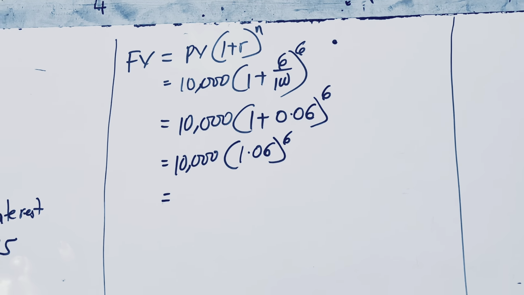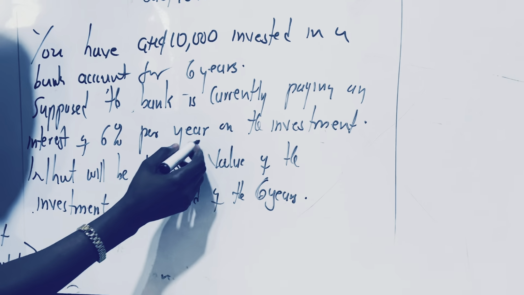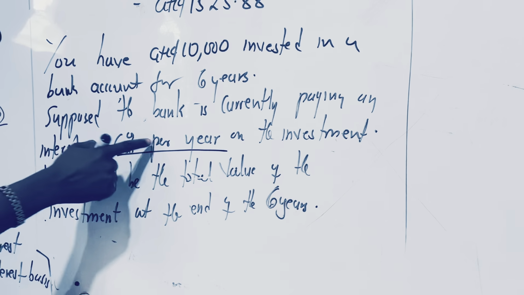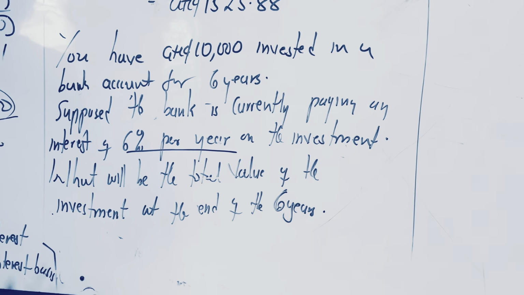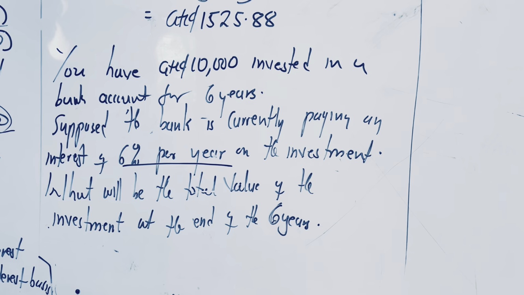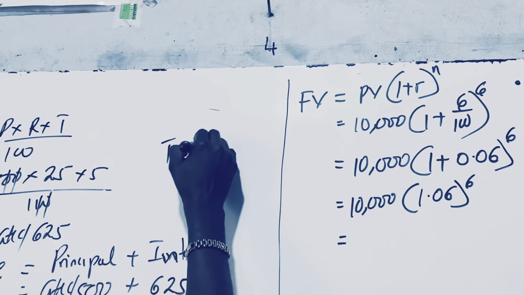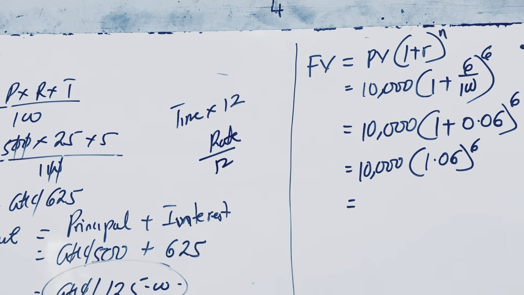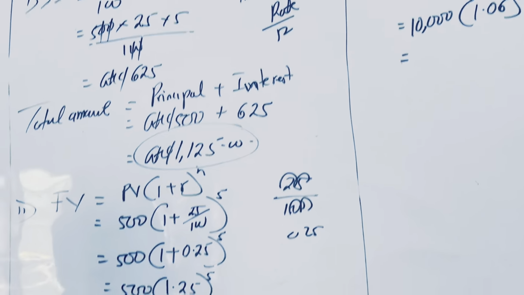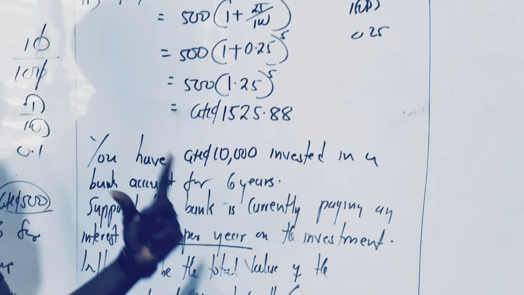Now, let me tell you something. If you read the question and you see, let's say, monthly, you see this is per year. When it's monthly or quarterly, you have to make 1 or 2 changes. If it's monthly, you multiply the time by 12 and then you divide the rate by 12. Normally, when we are given the thing per year, you are supposed to do the same thing. But per year means 1.